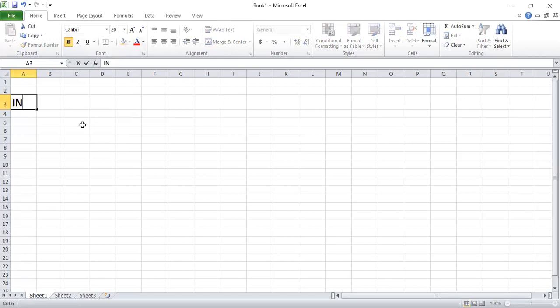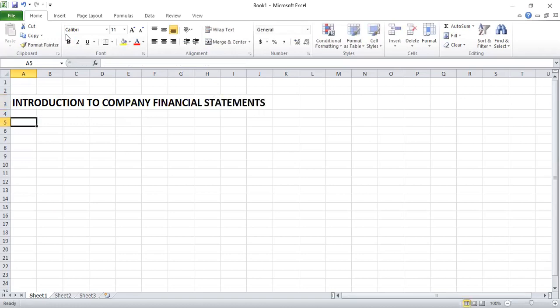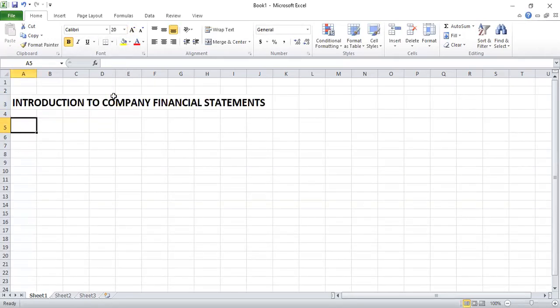So we have an introduction, company financial statements. Question 1. Right. Some of the notes that I'm writing here, please note that they are not part of the answer, but they are just for you to get assisted.